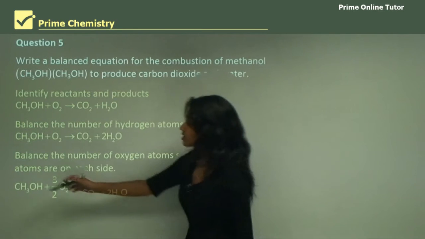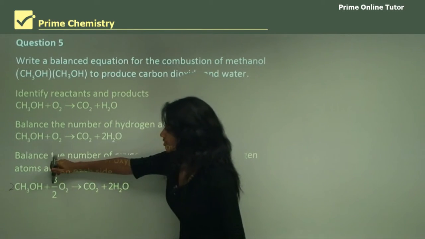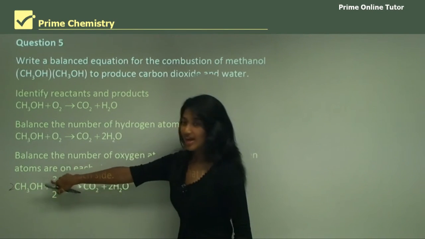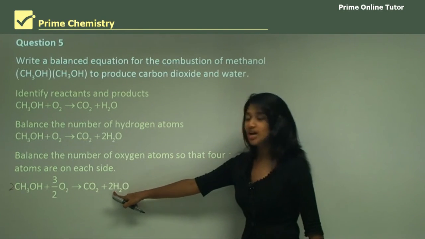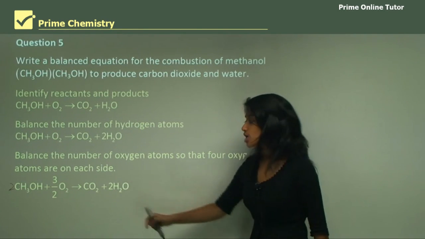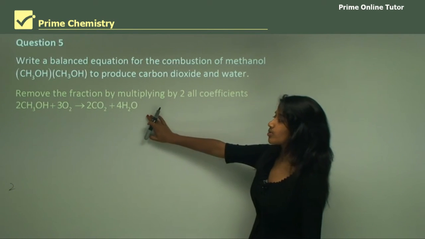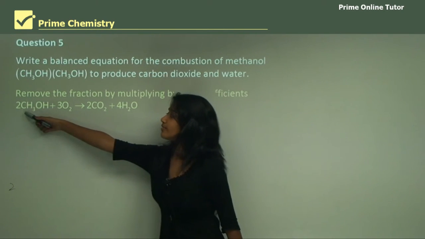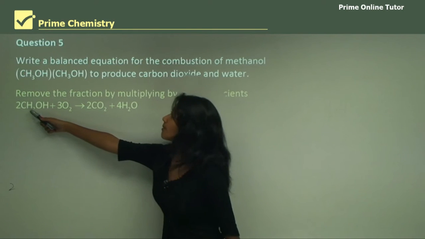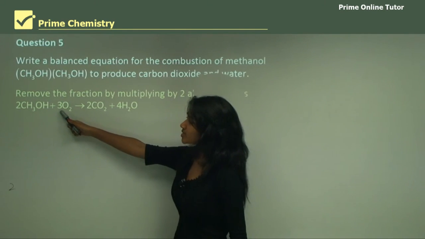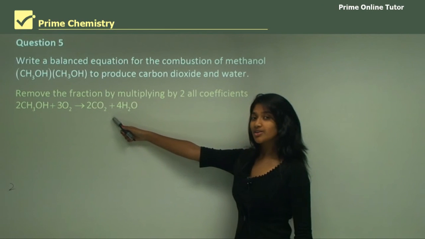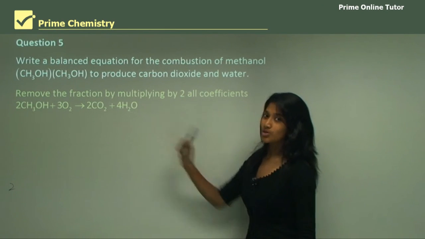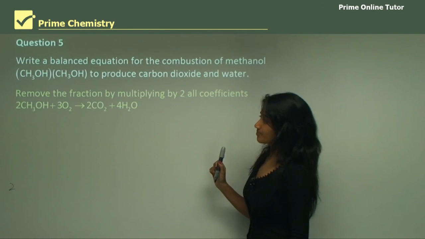If you do that, you would add a 2 here. When you times this by 2, the 2's would cancel out, giving you 3 on this one, 2 here, and when you times 2 by 2, you would get 4. So eventually your equation would look like this. You would have 2 methanol reacting with 3 oxygen molecules, giving you 2 carbon dioxide molecules and 4 water molecules, as you can see.